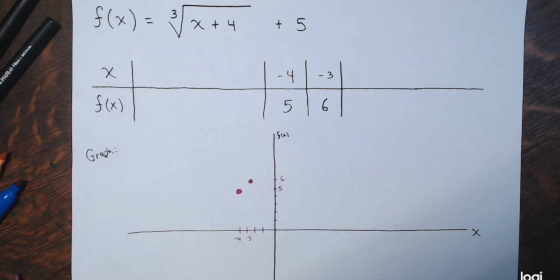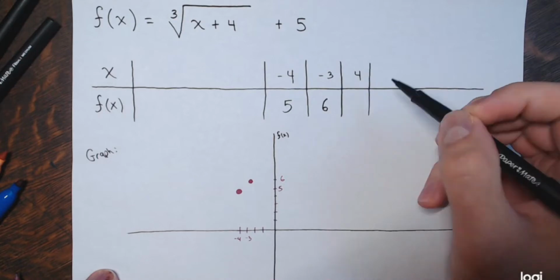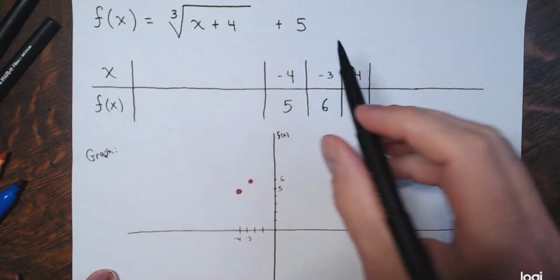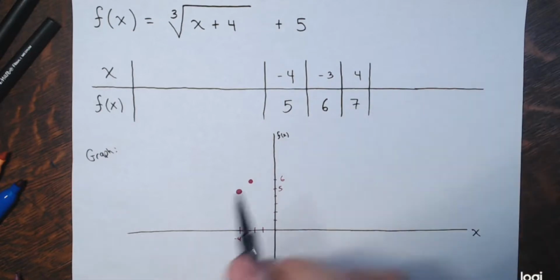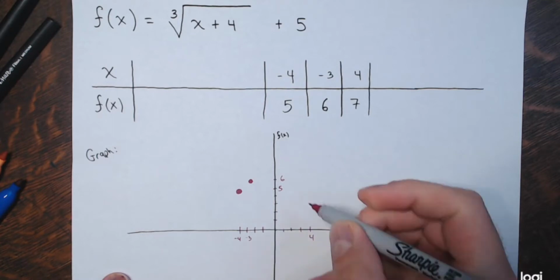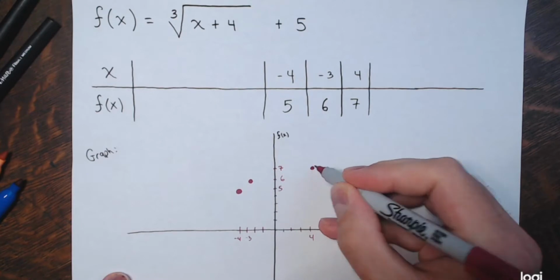8 is another perfect cube, so 4 would be a good input. If I plug in 4 for x, we'd have the cube root of 8, which is 2, plus 5 is 7. So 1, 2, 3, 4 for x, 7 for y. There's 4, 7.